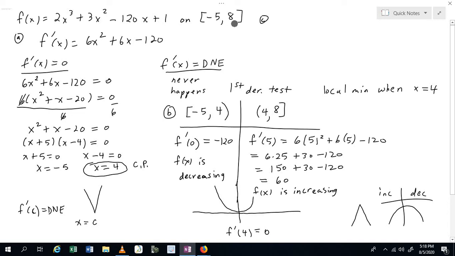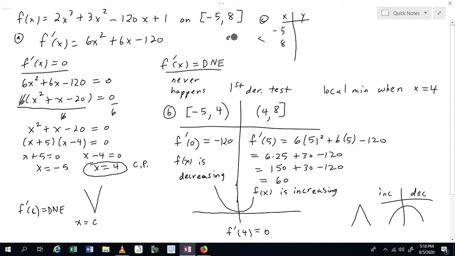So if we have an absolute minimum or an absolute maximum, it must occur at -5 or 8, which are the endpoints, or at the critical point, which is x equals 4. All we're going to do now is find the corresponding y values for each of those points.